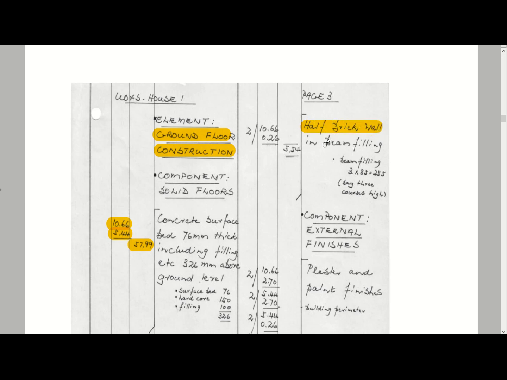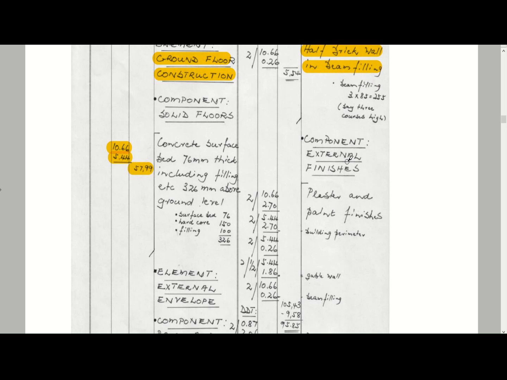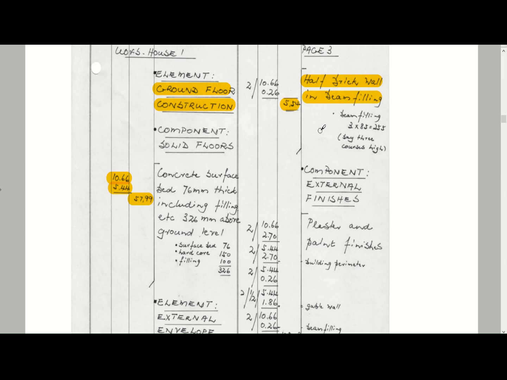This shows that in the foundation we had a 220 wall, and then in our top structure we have a 110 millimeter wall, and you will see that we've got our beam filling here that they've measured, and you get your total area there.